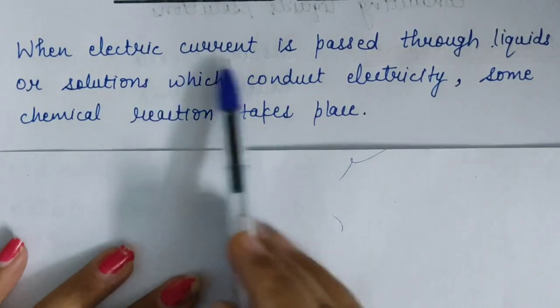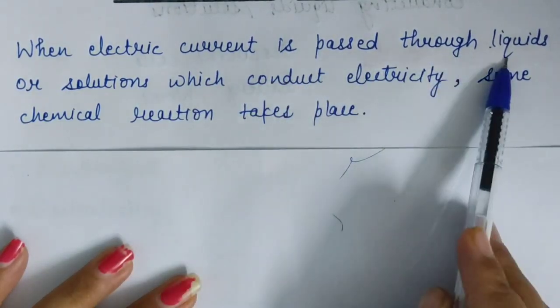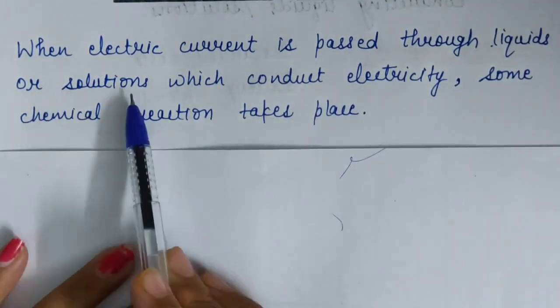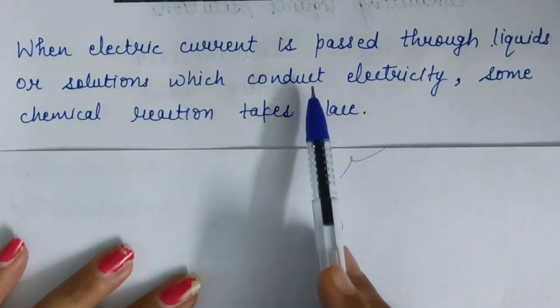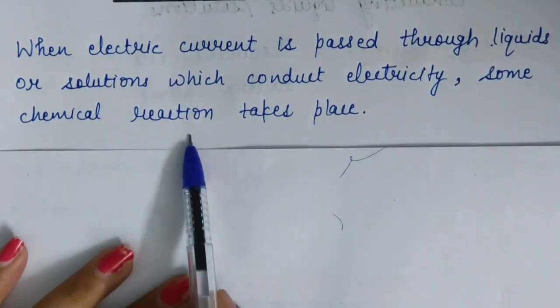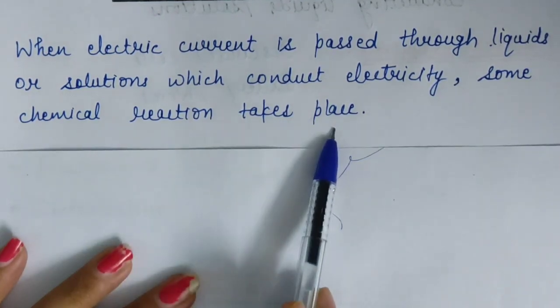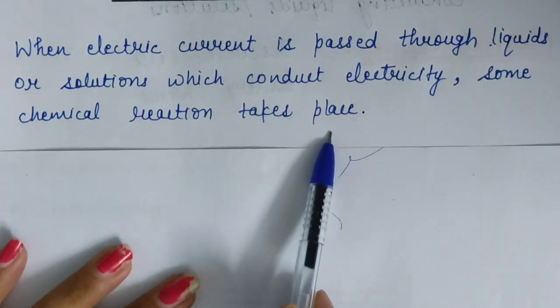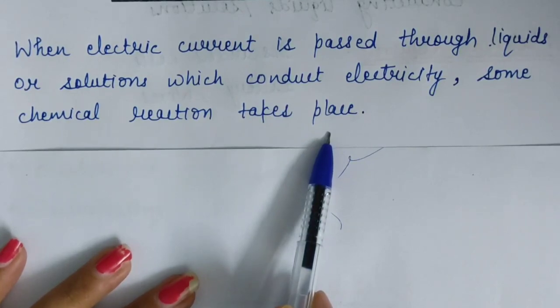When electric current is passed through liquids or solutions which conduct electricity, some chemical reaction takes place. It means when electric current is passed through conducting solutions or liquids, then some chemical changes are seen in them.